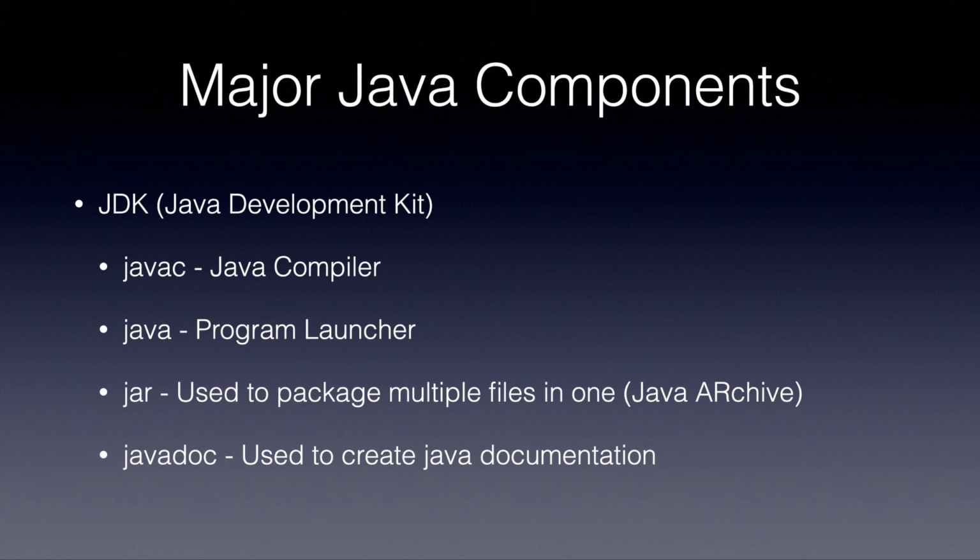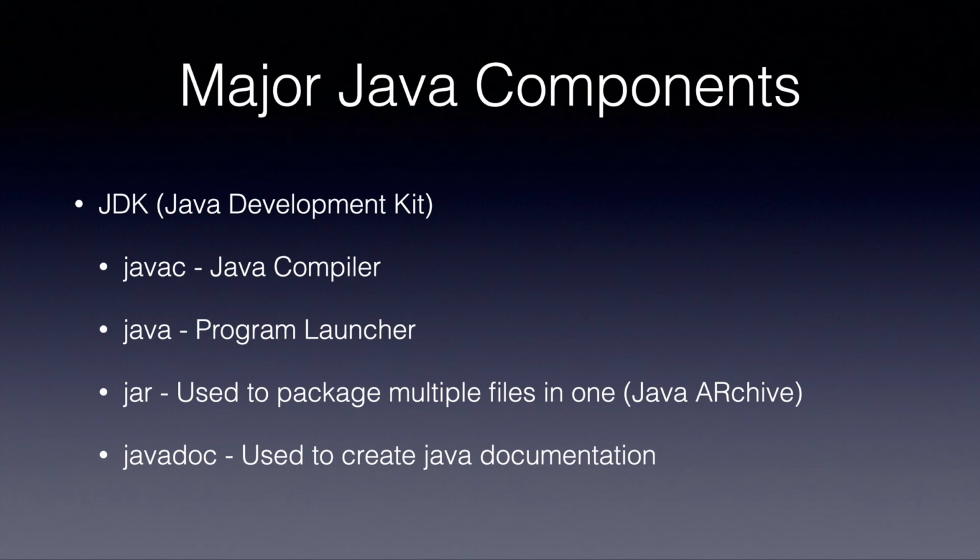The java command is used to launch the program. So it starts the JVM, which is the Java virtual machine. Java virtual machine is the program that runs the code. The third command is jar. This is used to package multiple files into one file, and this file is called a jar file.